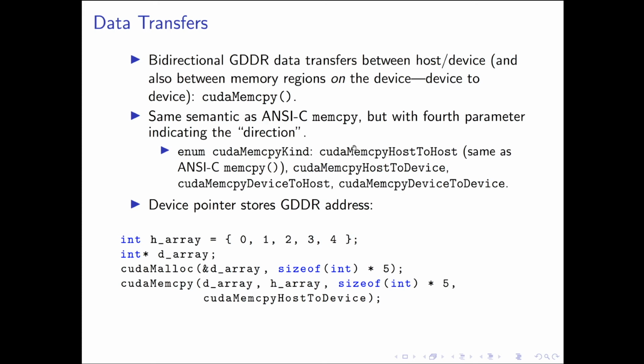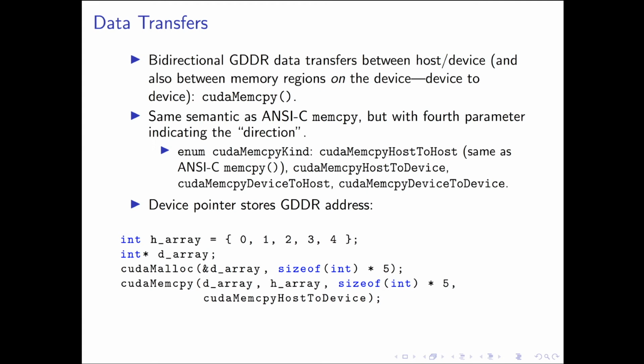Like I can pass CUDA memcopy host to host, and when I do this, then the outcome will be just the very same as if I called memcopy on the host, like using the NVCC memcopy function. It's quite likely that CUDA memcopy in this mode actually just dispatches the whole call to memcopy, although this is of course an implementation detail, but the outcome is pretty much the same.